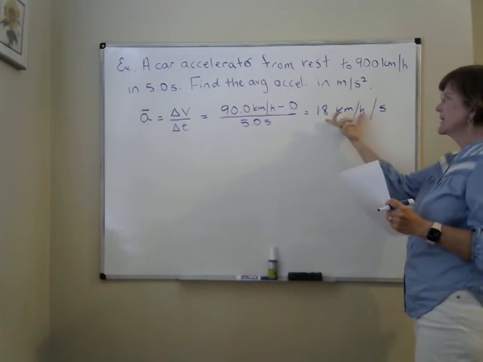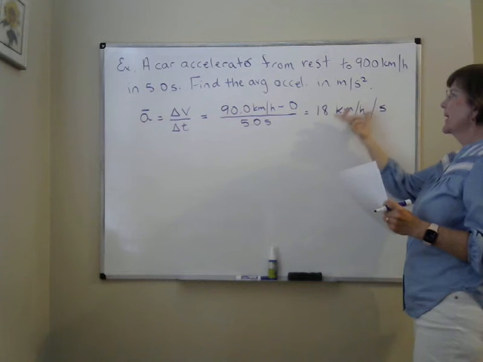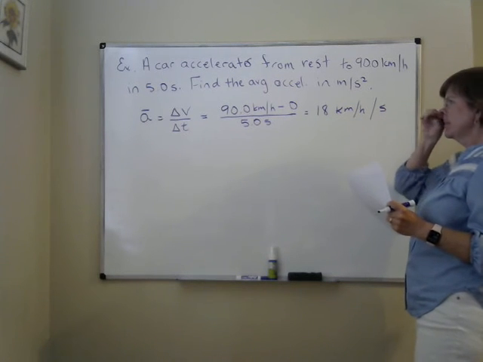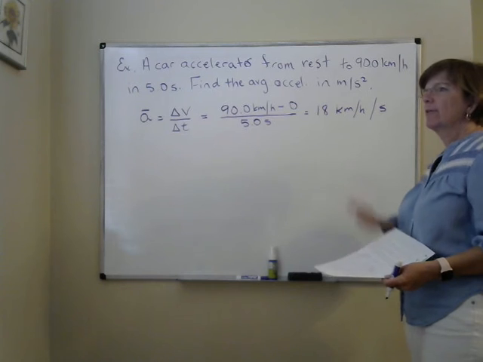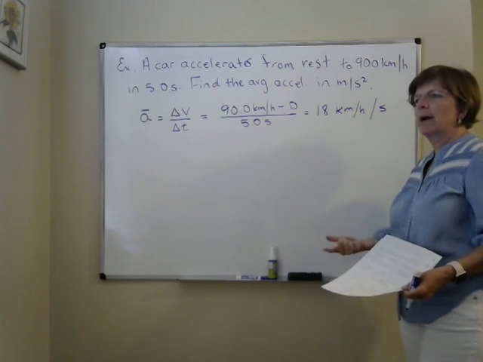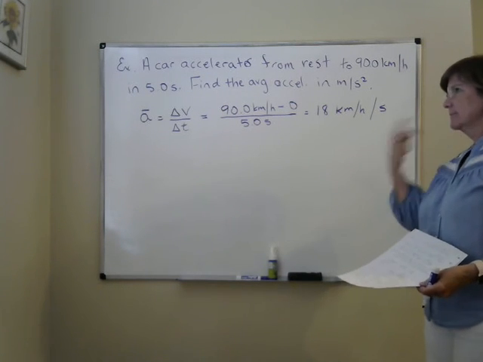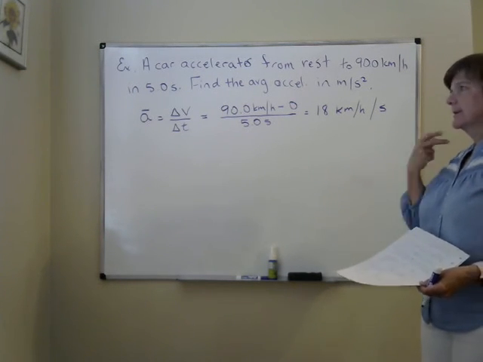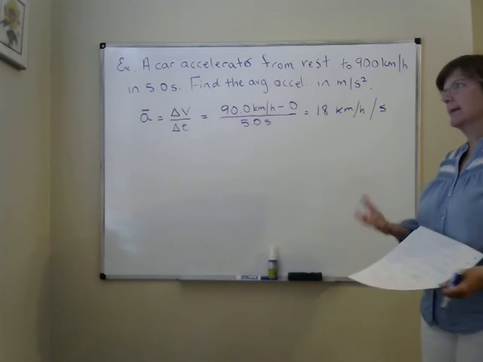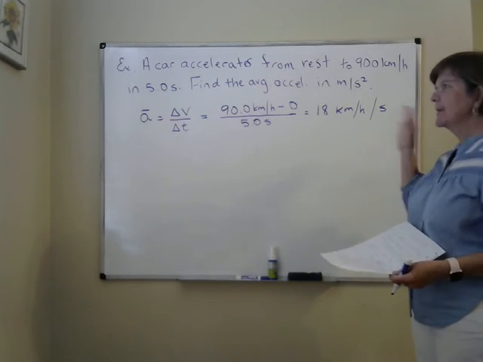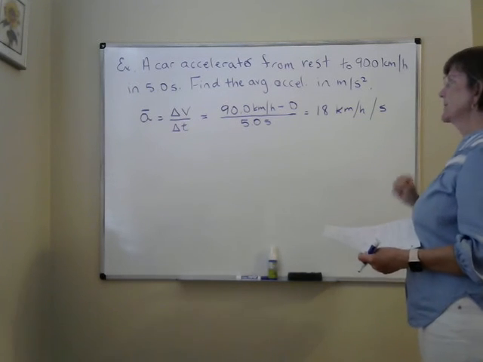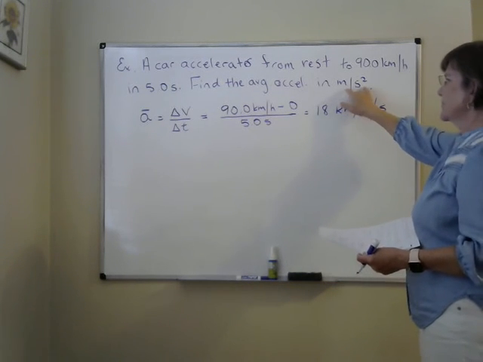So it started from 0, it was going 18 kilometers per hour, then 36 kilometers per hour, then 54, then 72, then 90. Each time just going up 18 kilometers per hour. But that's not the units they asked me to use. They asked me to get it in meters per second squared.